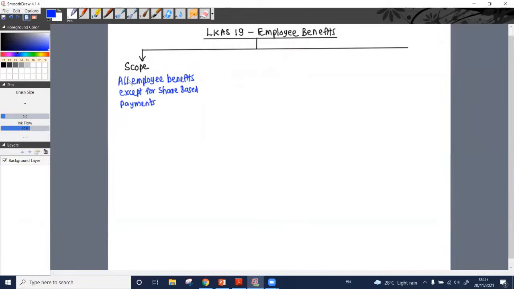So this is the scope of this standard. This standard addresses all the employee benefits except for share-based payments.